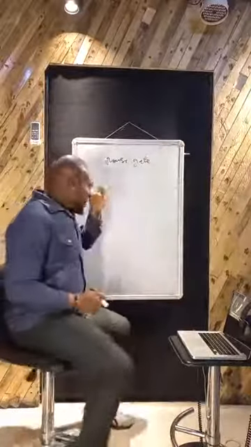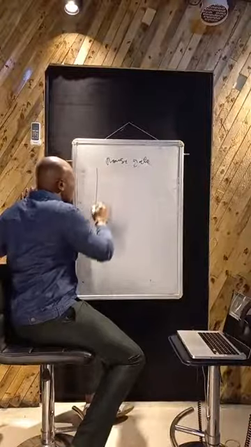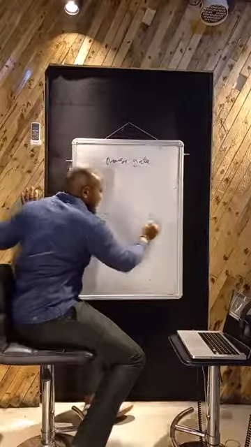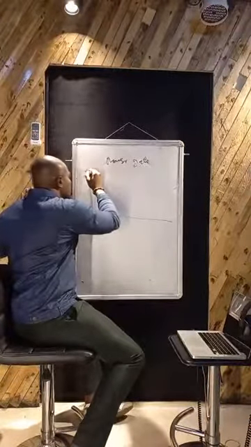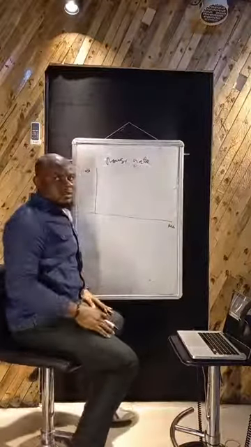So let's say this is volume over time, which is in dB over milliseconds. Do you understand?